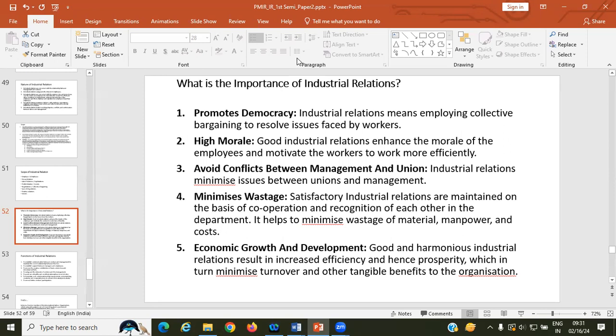Economic growth and development. Good and harmonious industrial relationship results in increased efficiency and hence prosperity, which in turn minimizes the turnover and other tangible benefits of the organization. So if you have good relations between the workers, the employers, the management, your productivity, your profitability will increase, and you will have good growth in the industry.